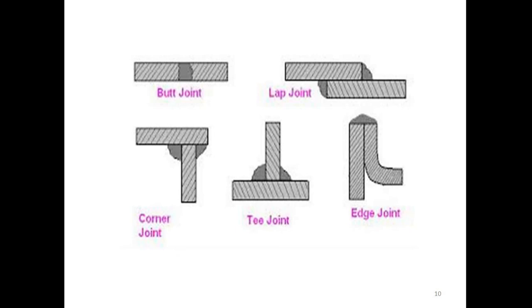So some processes have their own advantages, some have disadvantages, when used for machine elements. According to the application of our machine, we are going to choose the technique of joining, that is we can use the bolting method, we can use the riveting method, or we can use the welding method. It totally depends on the application.